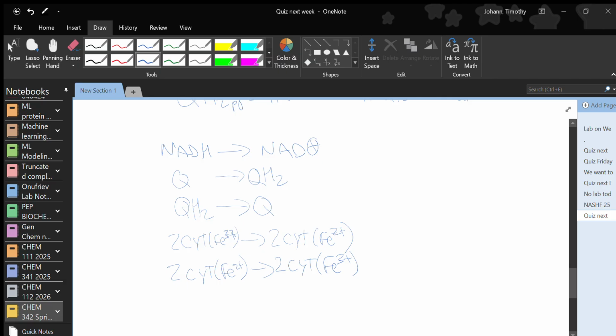And then finally, those electrons wander across complex 4, and we have 1/2 oxygen, diatomic oxygen, so 1 oxygen atom, picks up those electrons with some hydrogens and becomes water. This isn't a cycle, but a lot of those intermediates in the middle become something and then get reverted back to what they were.